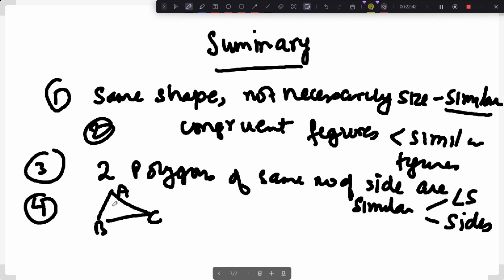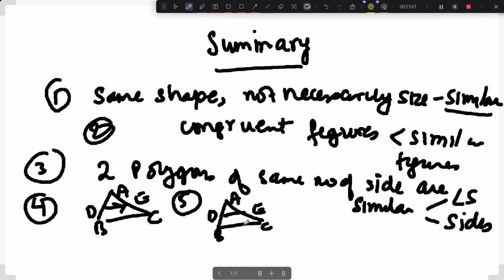If a line is drawn parallel to one side intersecting the other two sides in two distinct points, then it divides the other two sides in the same ratio. Converse of it, a line which divides two sides in the same proportion is parallel to the third side. Right?